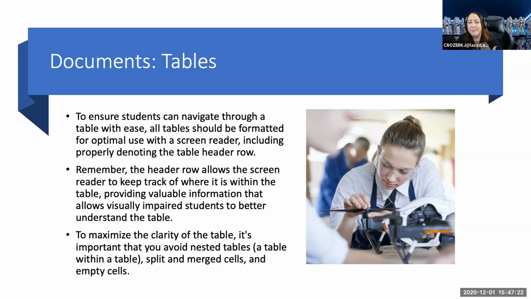So you want to make sure that the header row is labeled, which I'll show you how to do in just a minute. Also, to keep your table as clear as possible, you want to avoid a table within a table. That's going to be really hard for the screen reader. You want to avoid splitting and merging cells. Again, that's going to be a struggle for the screen reader. And you don't want to have a lot of empty cells, because when the screen reader goes to read it, it's going to be very confusing for the student.